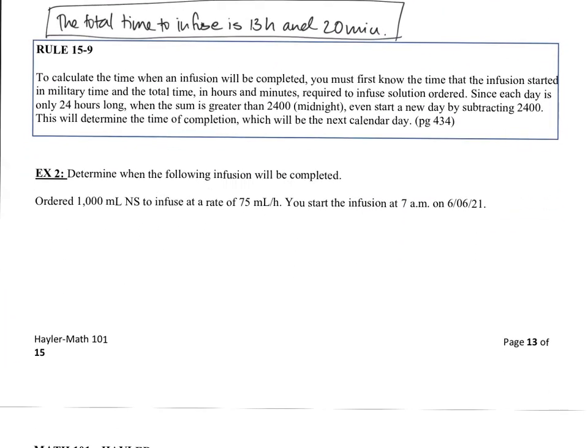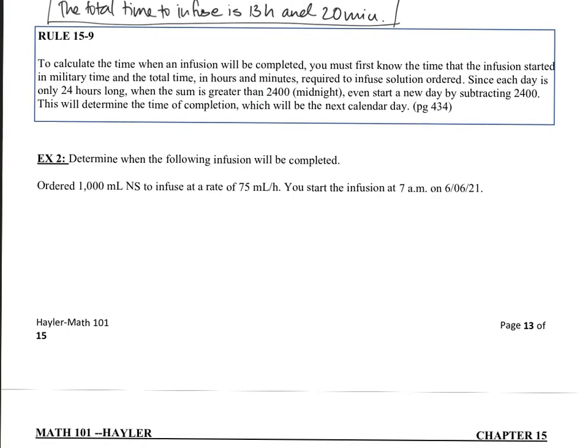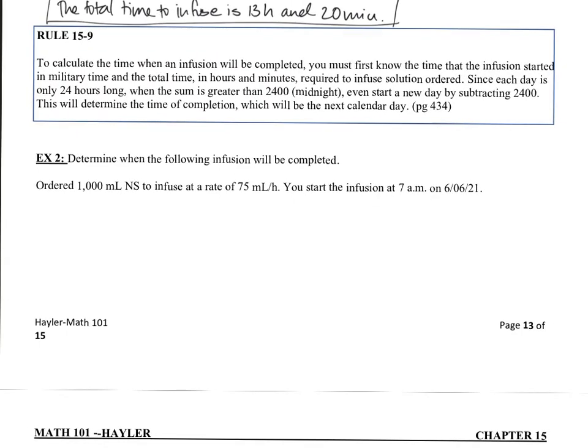The next rule. To calculate the time when an infusion will be completed, you must first know the time that the infusion started. You need to know it in military time, and the total time in hours and minutes required to infuse the solution ordered.